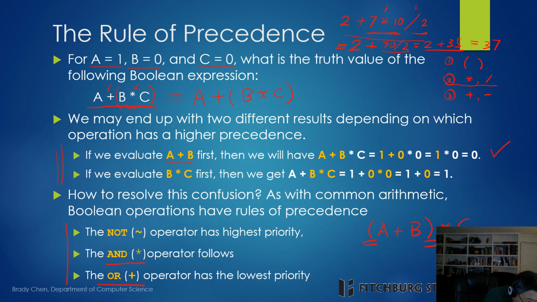On the other hand, if you evaluate B and C first, and then evaluate the OR operation, you get 1. Now if there are no parentheses, this second one is the right order, because the AND operation has a higher precedence than the OR operation.